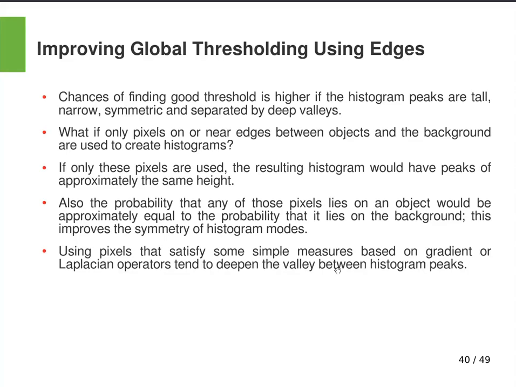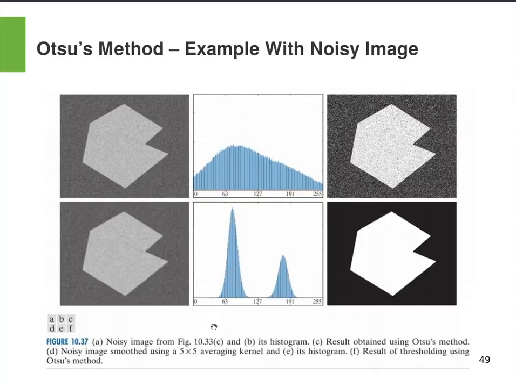Let's assume you are trying to find a proper thresholding for an image in which the area occupied by the object is very small in comparison to the area occupied by the background. In this example, the area occupied by the object is comparable to the area occupied by the background, even though the background is larger, and that is visible in the area under the curve for each one of these individual peaks.